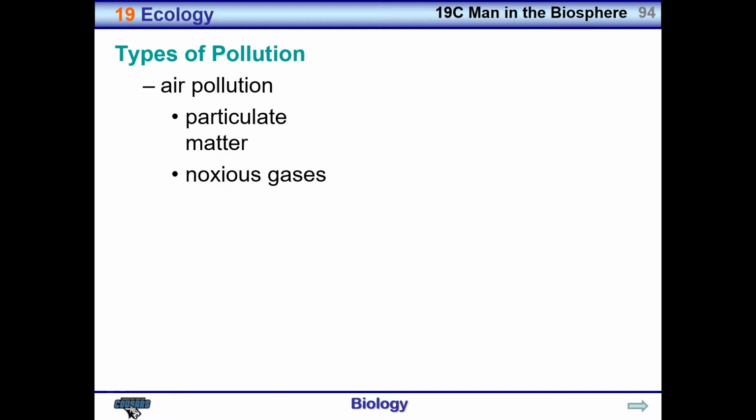When I lived in Phoenix, the problem there was primarily dust and not as much smoke. But in some places they have a lot of manufacturing that can produce particulate matter. And noxious gases are produced by automobiles and things like that.